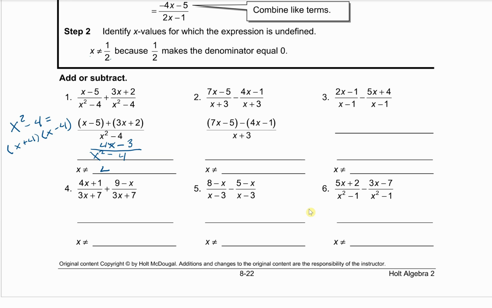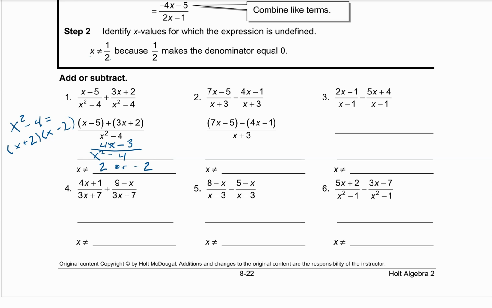So x cannot equal 2, but it also cannot equal -2, because either one of those values will give us a 0 for our denominator.